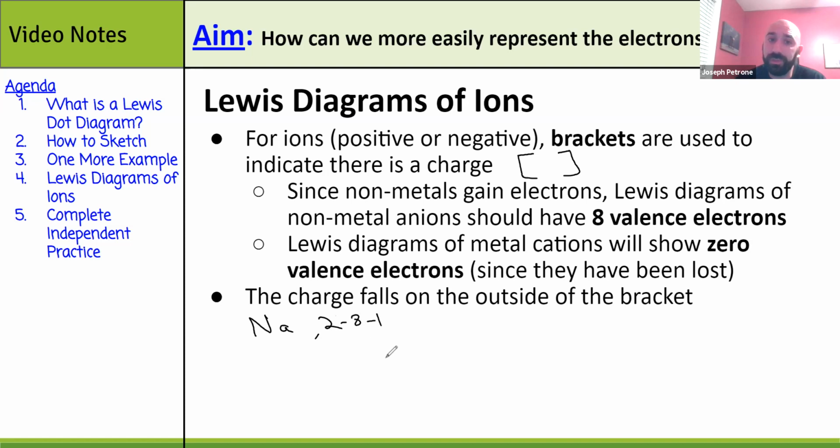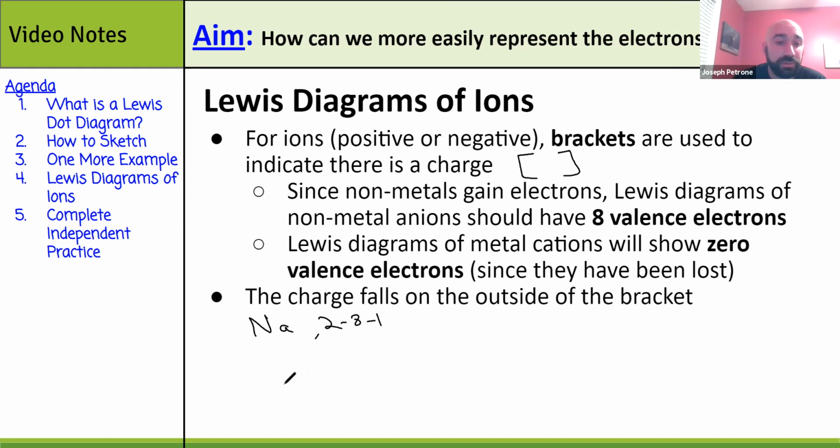If we were to draw the Bohr model, we would have 2 electrons there, 8 electrons here, and then that 1 valence electron has been lost. But for these Lewis diagrams, we don't need to do that.